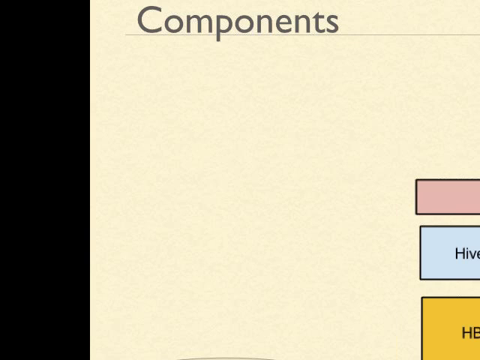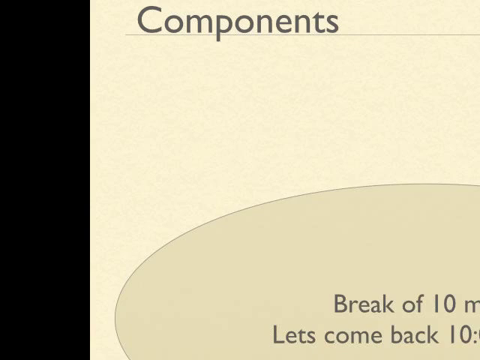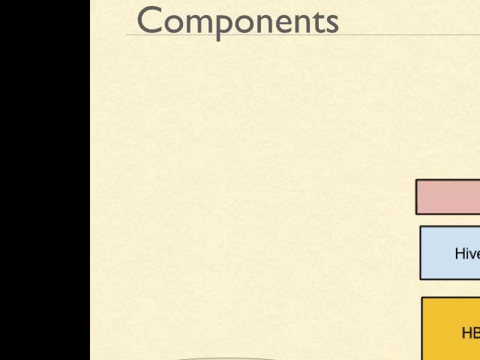So first is the file system, and then there are other components which all depend on the file system. Now, the question is, why do we require a new file system? What is so special about this? We'll take a break a little later.